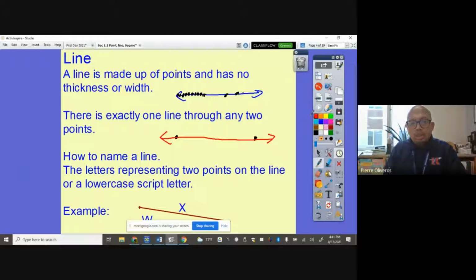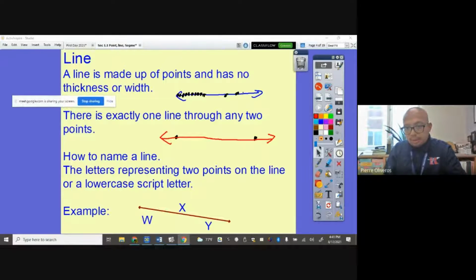And how do you name a line? By the letters representing 2 points on the line, or a lowercase script letter. So if I have, let's say, an example here, there's a point there, a point here, and let's say there's a Q here.